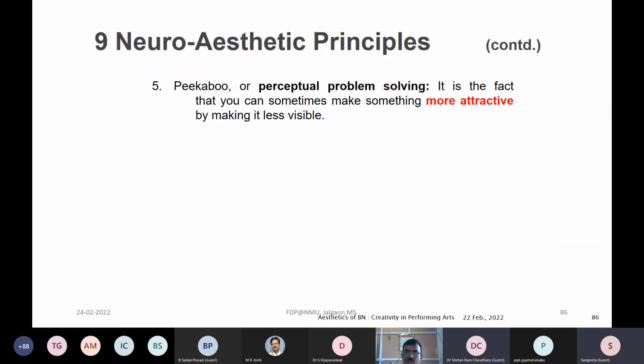Fifth one is perceptual problem solving. Peekaboo. Now, what it means is very, very interesting. This is saying that you can make something more attractive by making it less visible. Can you guess what it is? What does that mean?